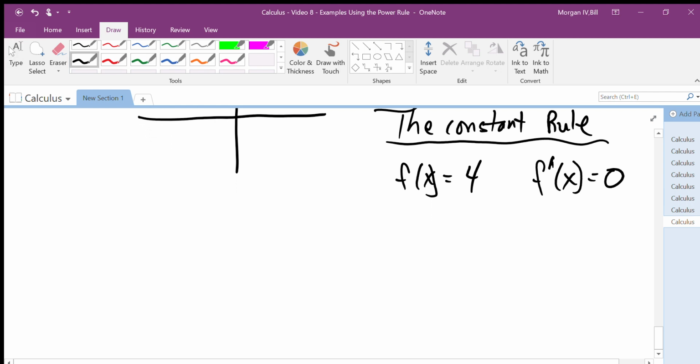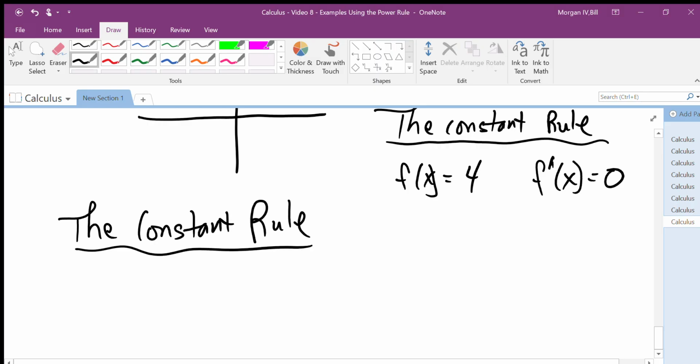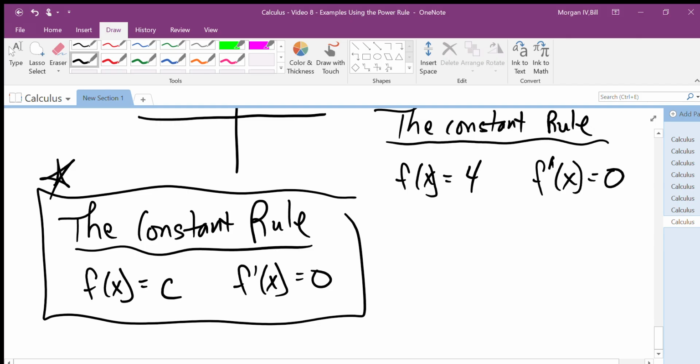Let me do the constant rule a little bit better here. The constant rule says that if your function is equal to any constant c, the derivative of that is always equal to 0. Let's do it that way. More generalized than just f of x equals 4.